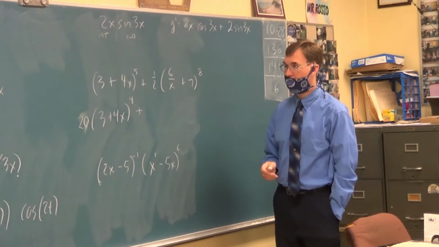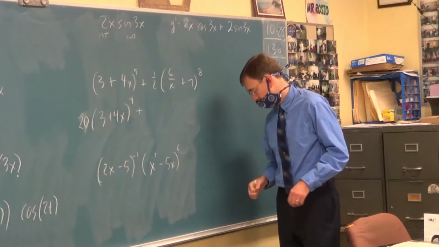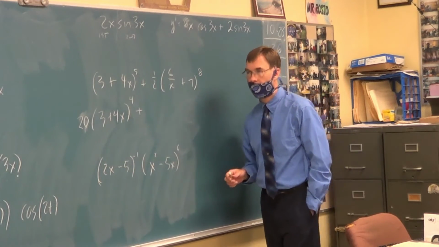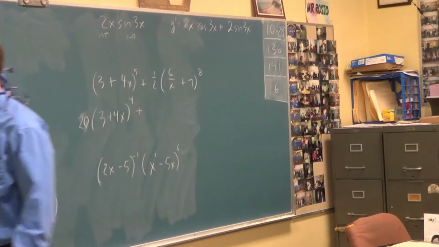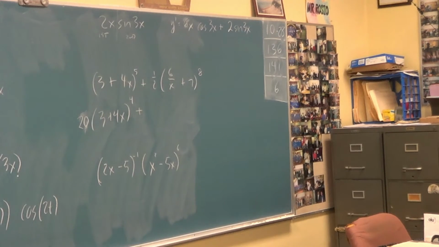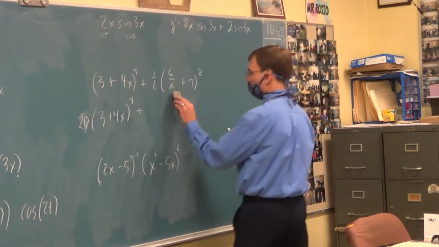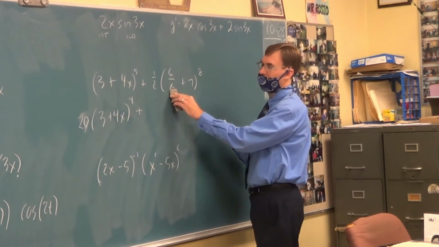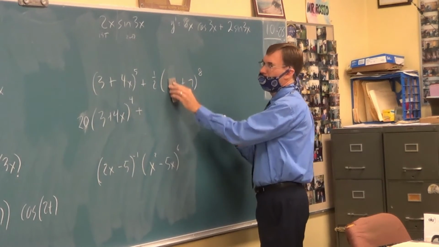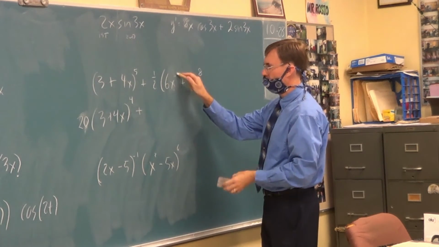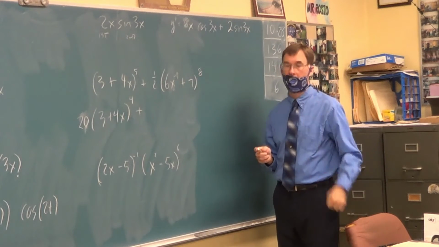And the plus, and we're halfway home. Something about that. 6 over x is awkward. So what do you maybe want to do about that? 6x to the negative 1 is a little more, I think, brain simple to deal with.